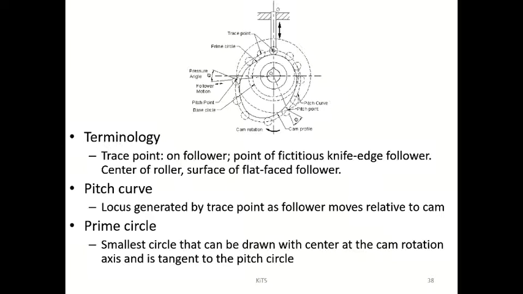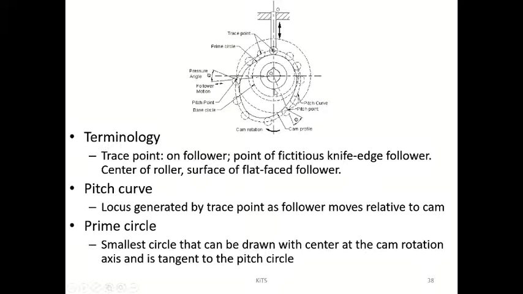What is the base radius of the cam? What could be the pressure angle? What kind of motion is it having? All those things we have to describe. That is called cam terminology or cam nomenclature. Let us move into this diagram and see certain nomenclature.